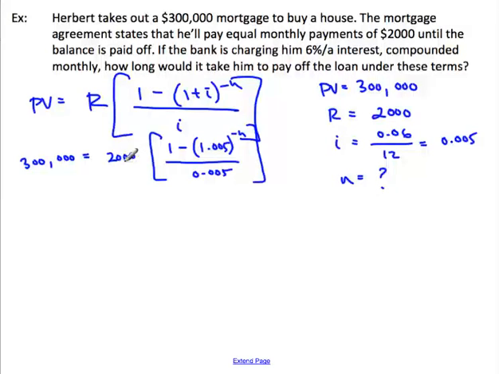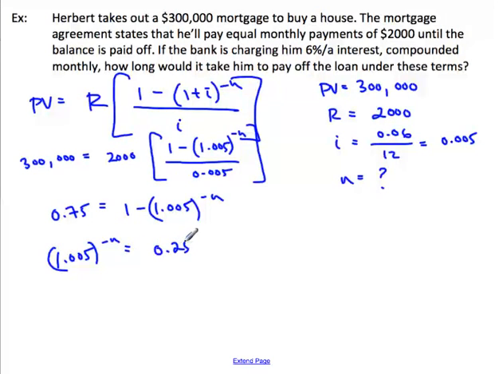Dividing both sides by 2,000 and multiplying both sides by 0.005, we get 0.75 is equal to 1 minus 1.005 to the power of negative n. Rearranging this a little bit, we get 1.005 to the power of negative n is equal to 0.25.